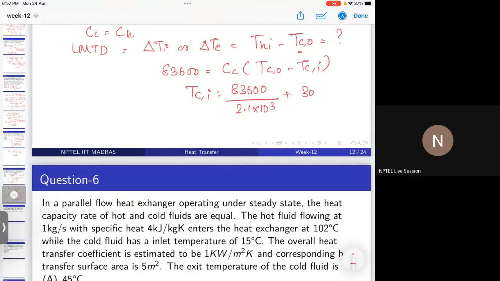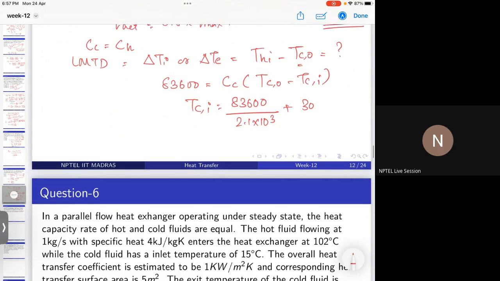What is this answer? Around 69.8 degrees Celsius. You can say it's actually 70 degrees.